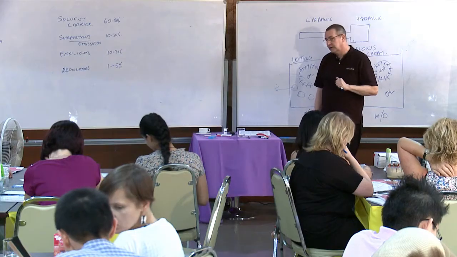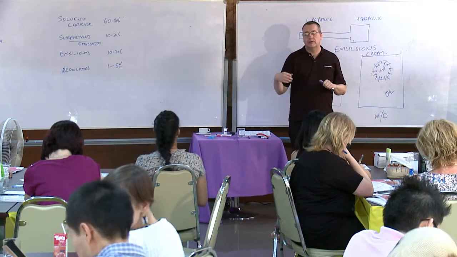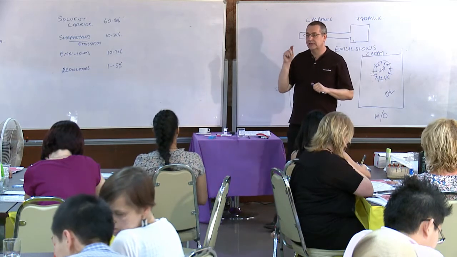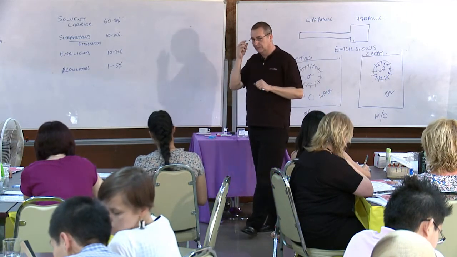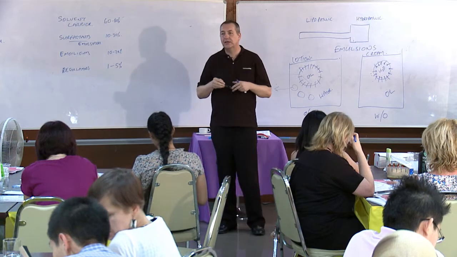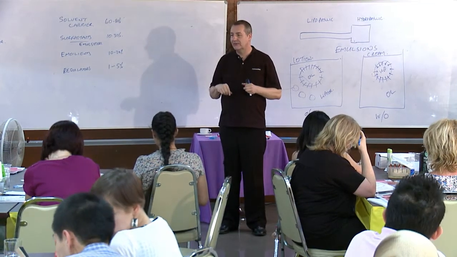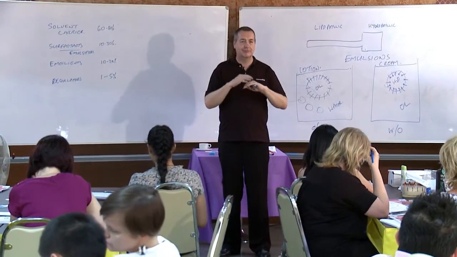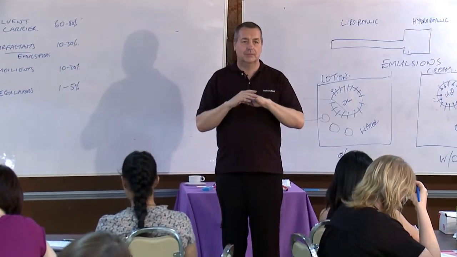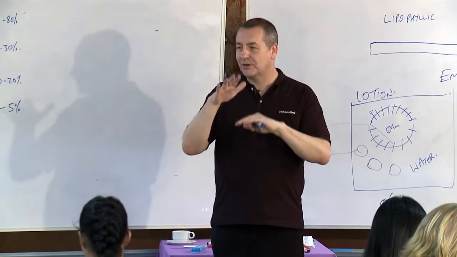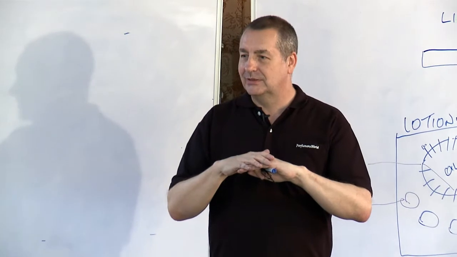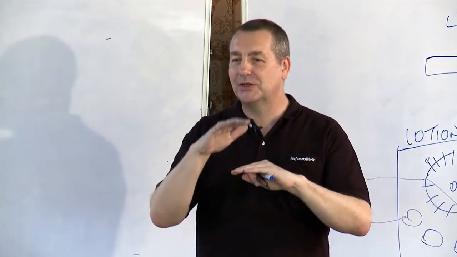Stabilizers. An emulsion is inherently unstable. So if you mix water and oil together, it wants to separate. You cannot stop that process, but the idea is to slow it down as much as possible.